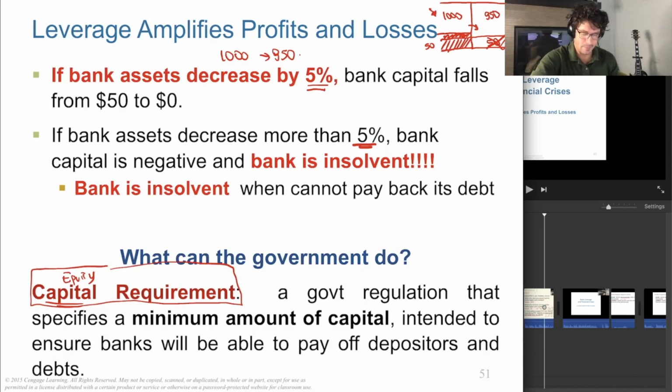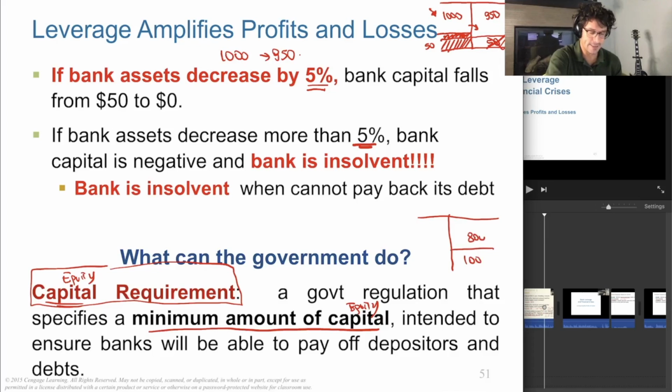That the bank keeps a minimum amount of capital, equity, to ensure that the bank will pay off the debtors. Now, if the bank, instead of having $50 of equity, had $100 of equity and $800 of debt, then a $50 drop, actually a $60 drop, would not cause any insolvency.